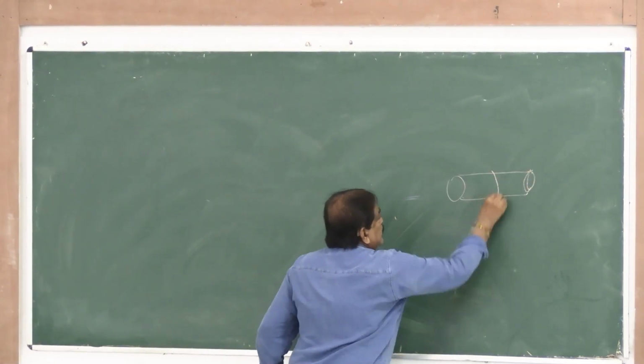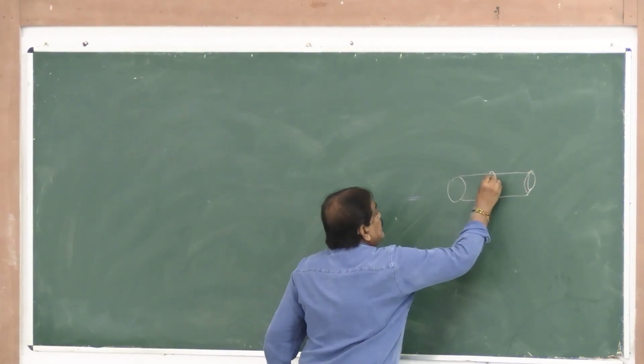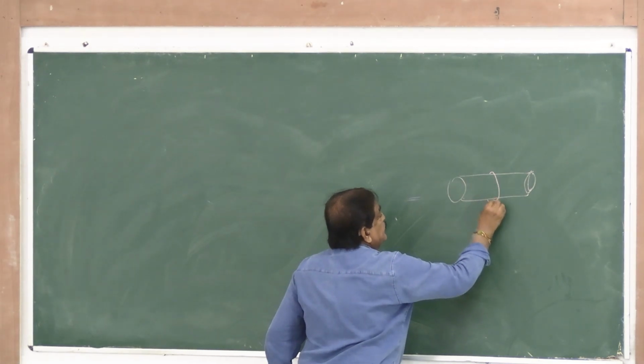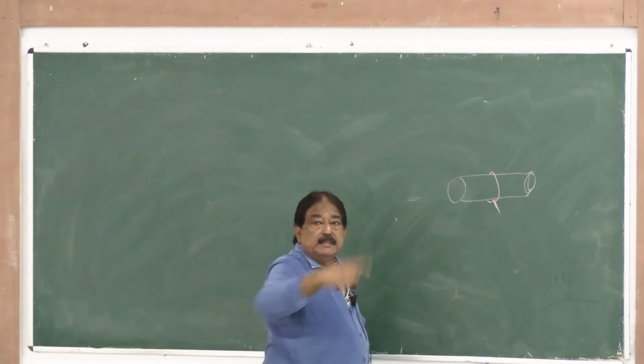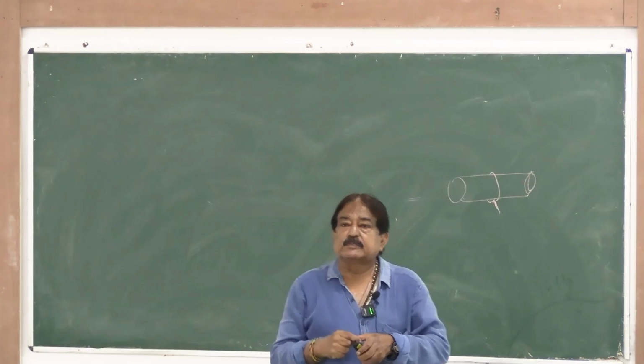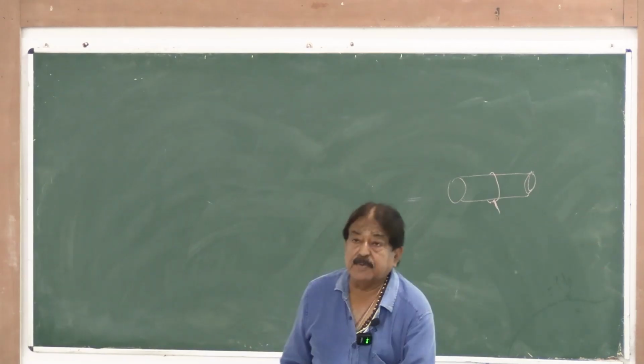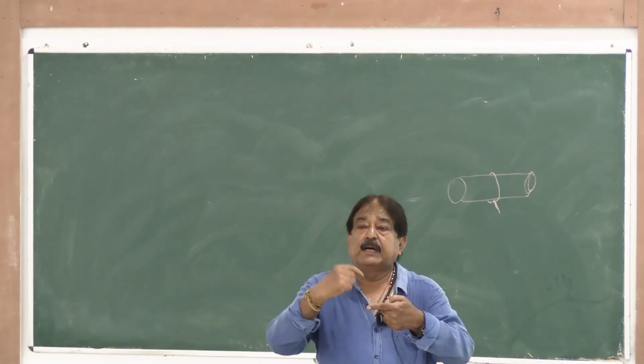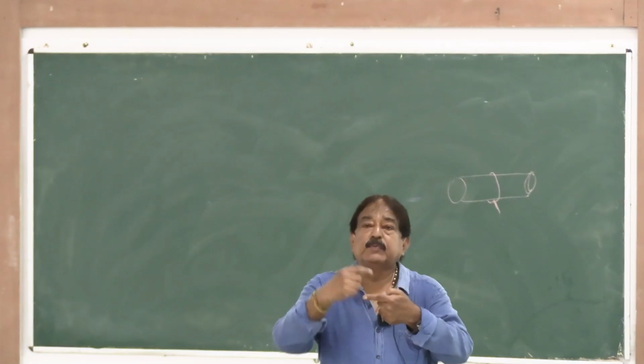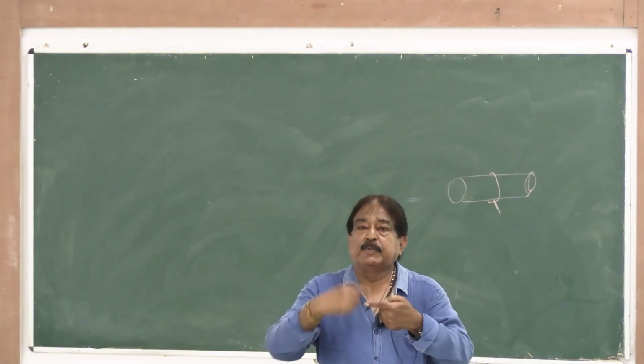Peri means around, and in between there is a space; I'm just exaggerating this space. You take a thread and put it around.